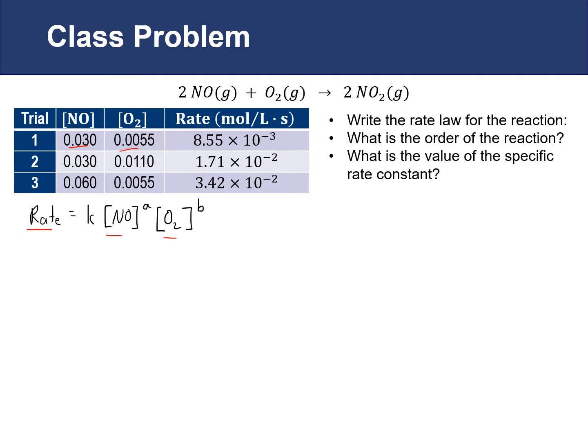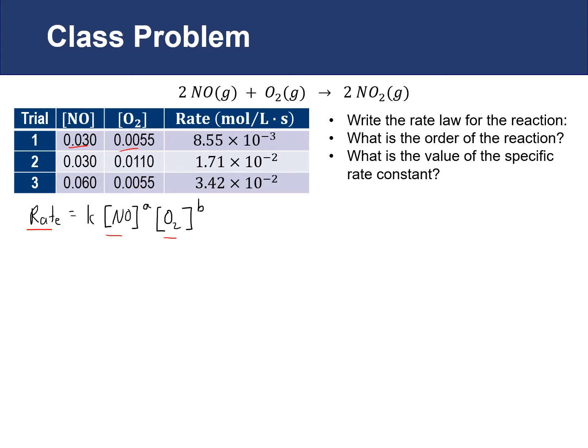However, we can do a little bit of math trickery to be able to reduce the total number of unknowns. As long as we're doing the reaction at the same temperature, the rate constant, which is temperature dependent, stays the same. If we don't change the temperature, then the rate constant stays the same. So what we can do is take a couple of these trials and divide our expressions by one another.